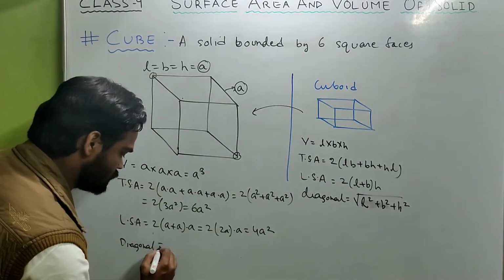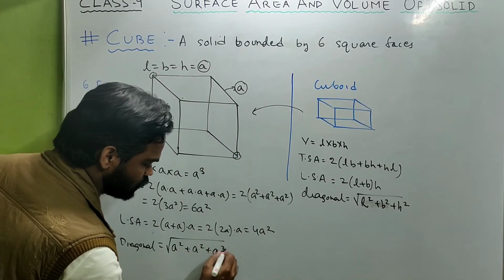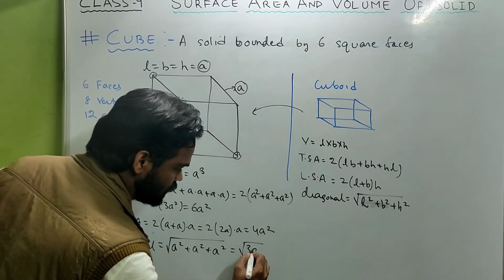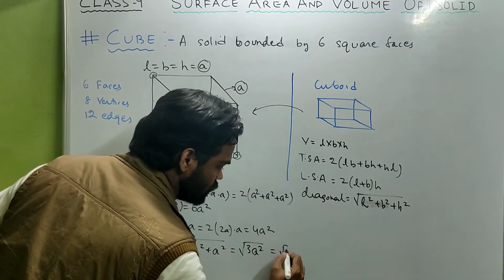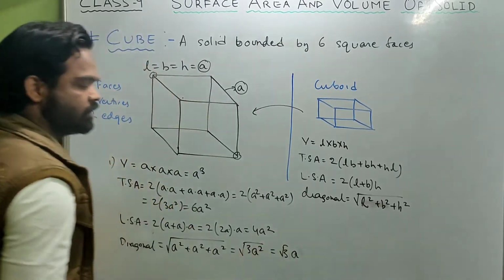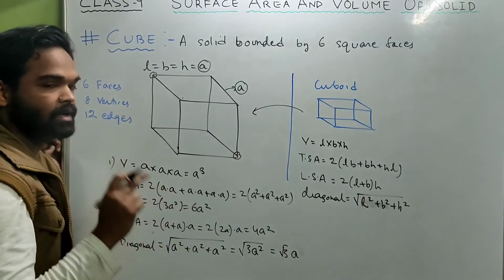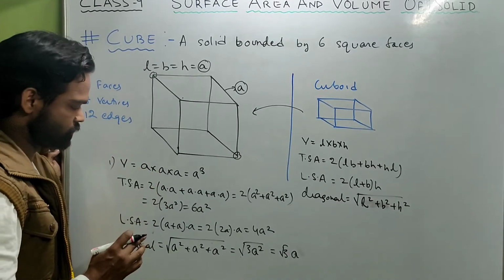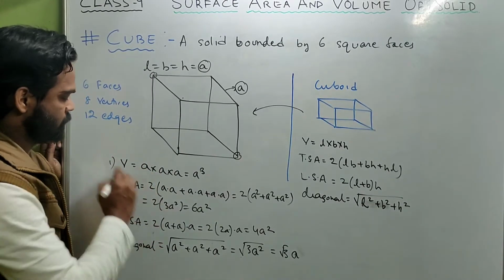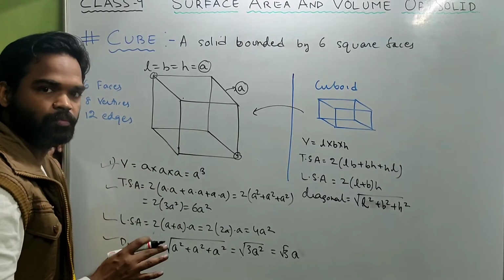So we'll replace that. It will become A square plus A square plus A square. That's 3A square. So that's root 3A square, root 3 A. That's the length of the longest rod which can be kept in a cube. Am I clear? So these are the formulas for cube.